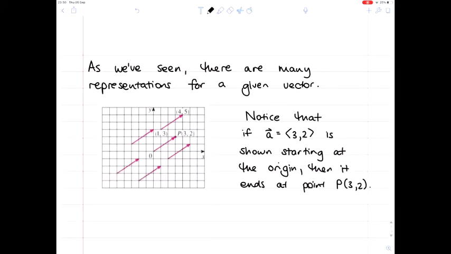As we've seen, there are many representations for a given vector. And the point that I said about thinking of vectors as a point comes from thinking about the vector at the starting point of the origin, because then the number of units in the x direction and the number of units in the y direction will take you to the point 3, 2, and 3, 2 were the coordinates of the vector.